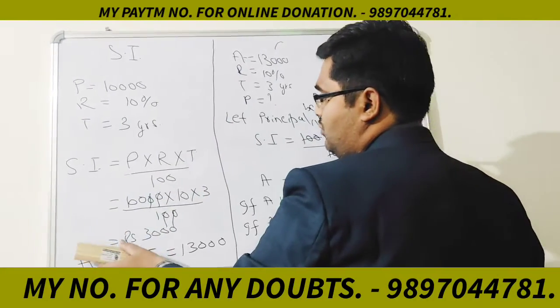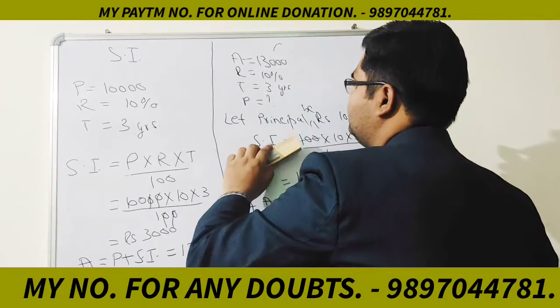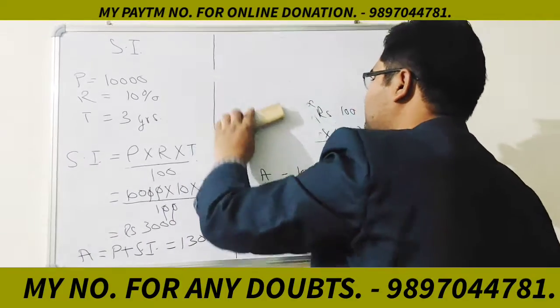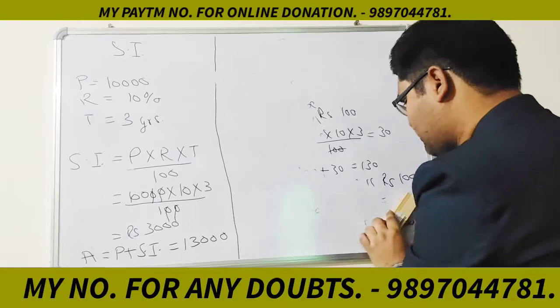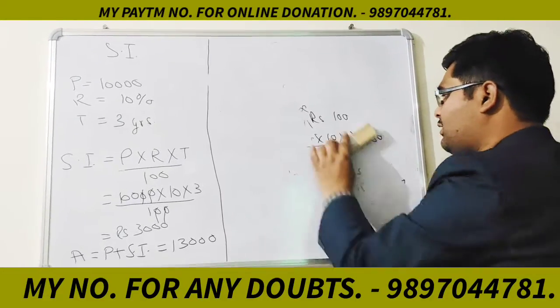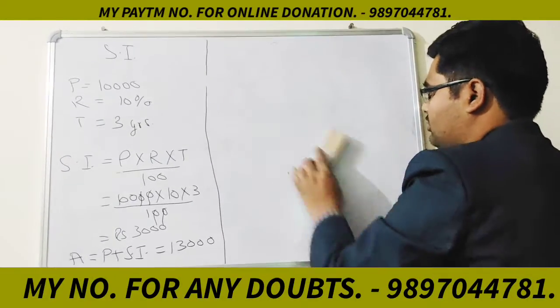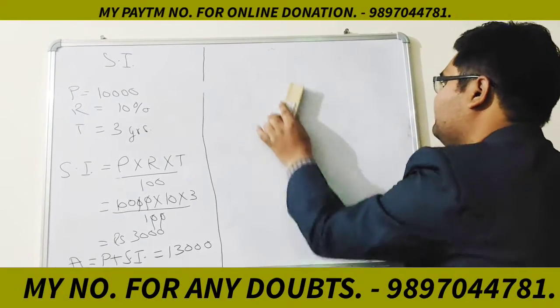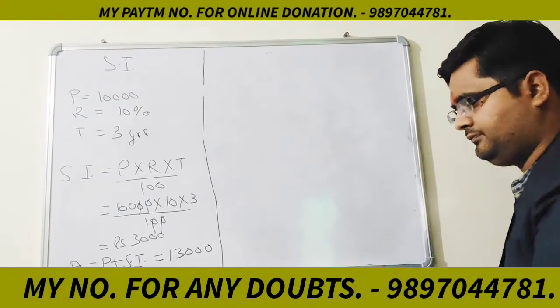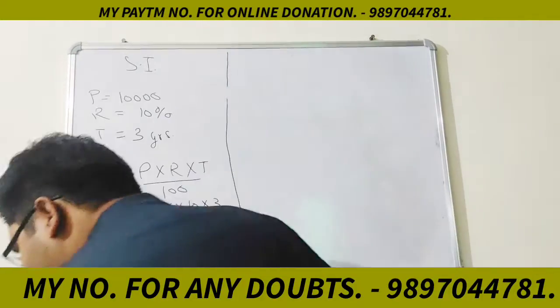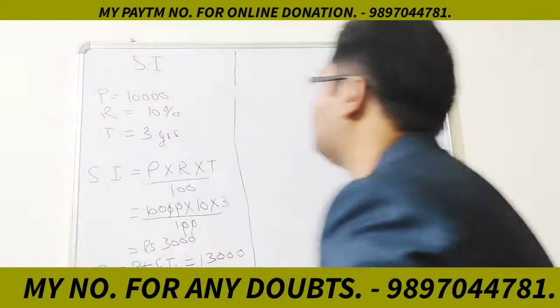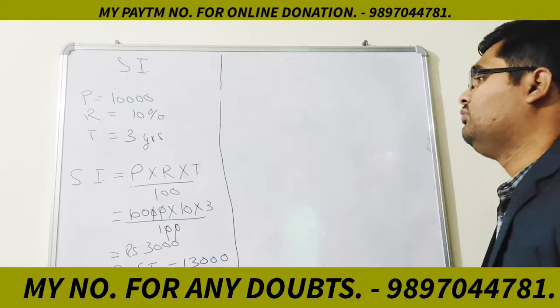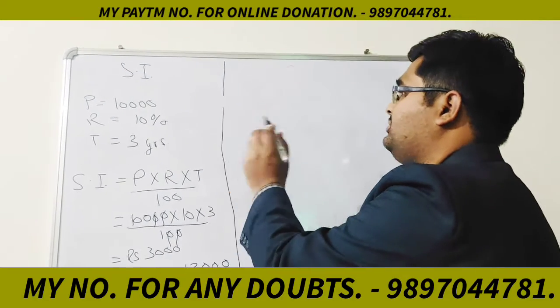Now I will do one example of CI. CI is compound interest, and I hope now you know about both things and the difference between the two. Now I take the same example, but I do it by CI.